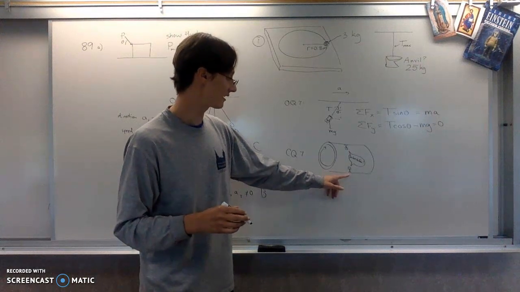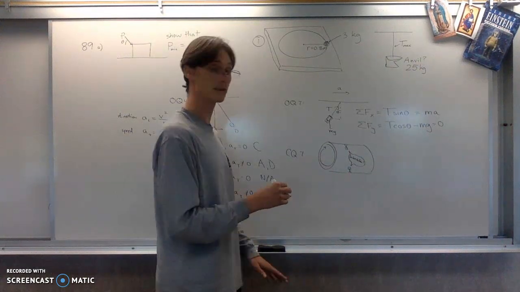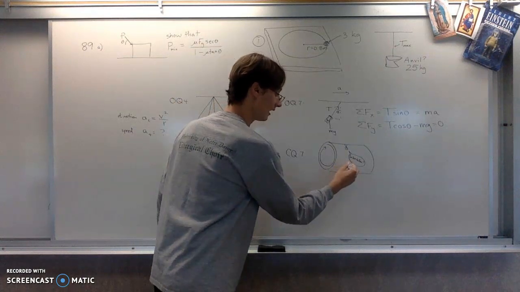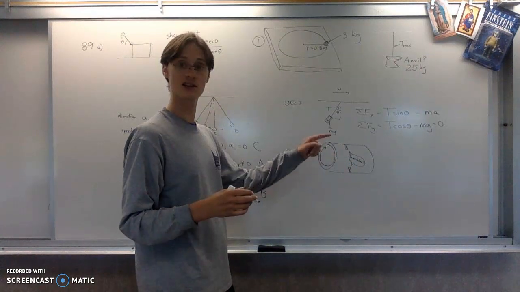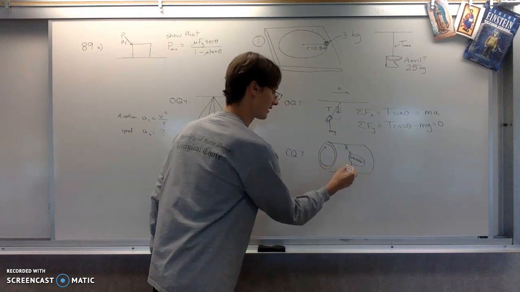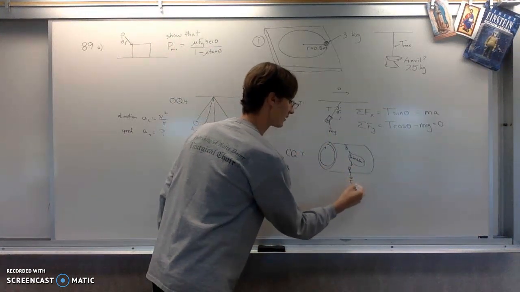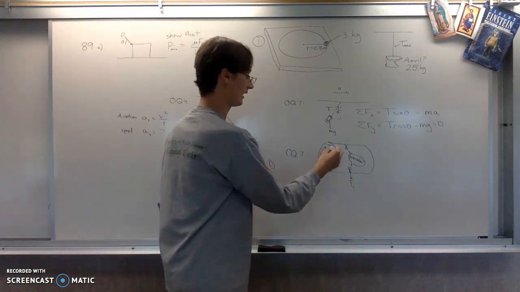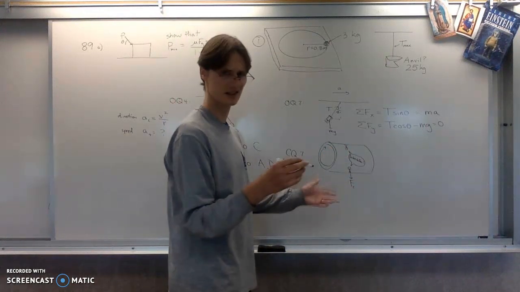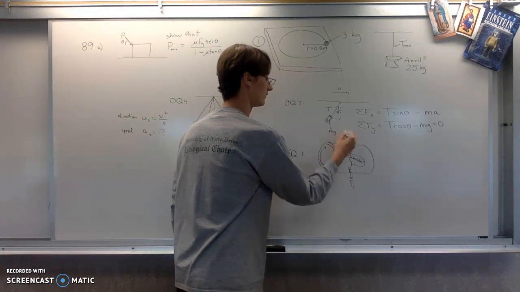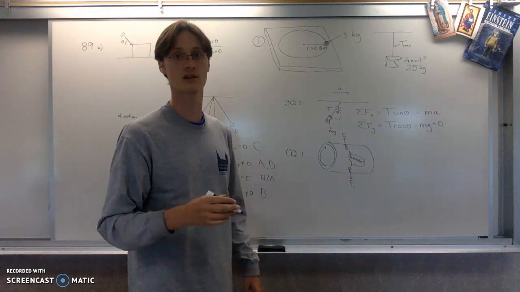So a guy standing on the ground here doesn't experience the force of gravity exactly. Since the rotation is like this, he would experience a centrifugal force out from the circle. And this guy on the ceiling would experience a force upwards out from the circle.